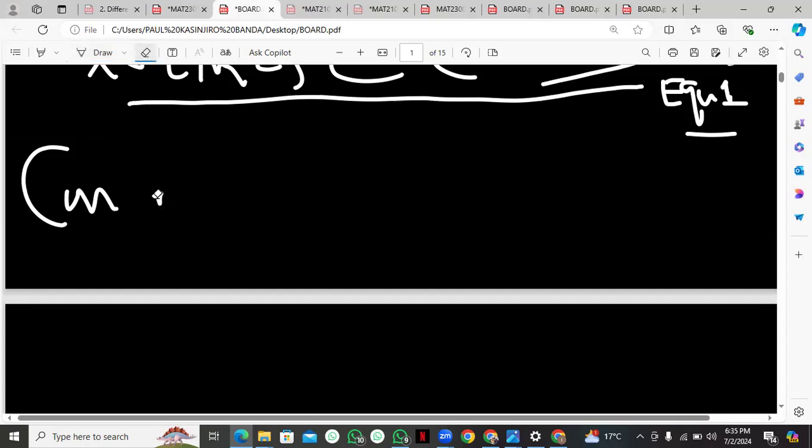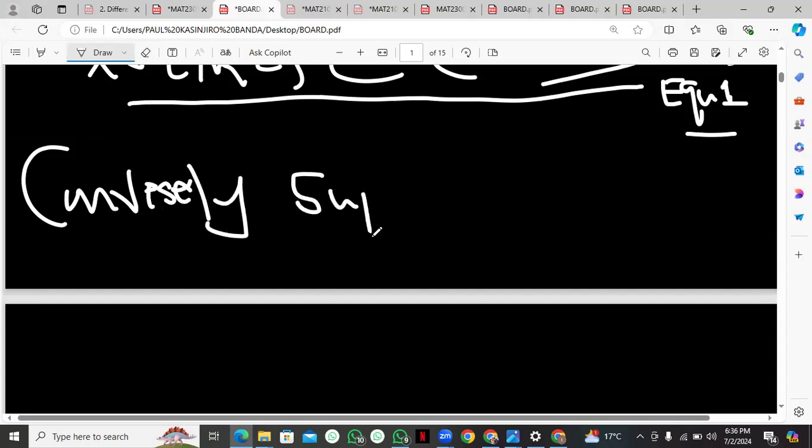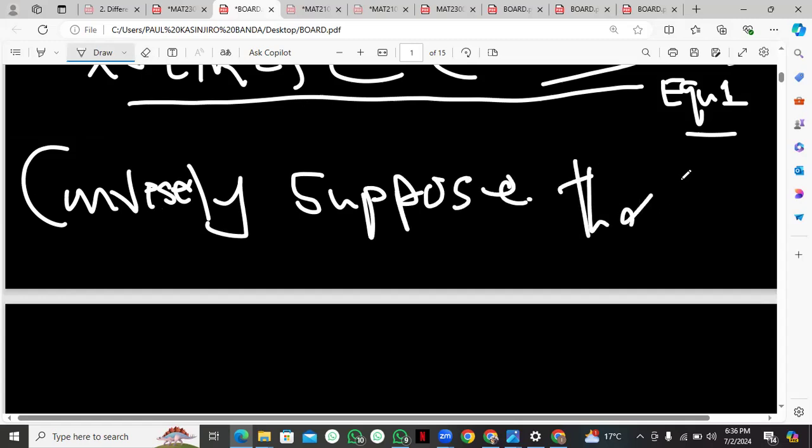Is this the spelling for converse? Okay, so you're going to say conversely. Suppose that the X was a member of the set on the right, then we have to show that it is a subset of the set that was on the left.